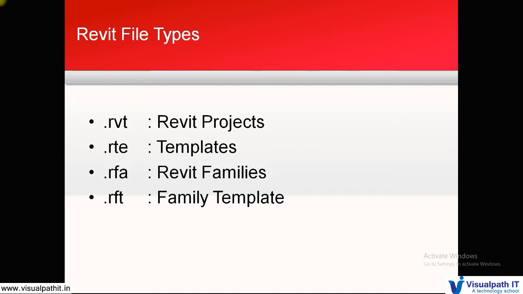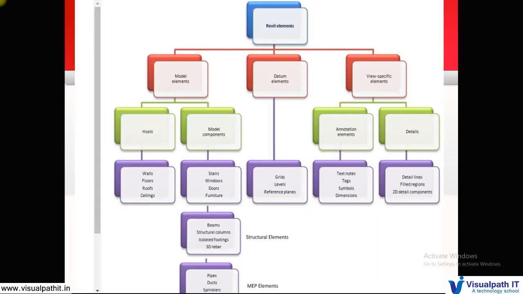And when you open families, it will not open automatically. It needs a template for it. That template is also available. It's called .rft, Revit family template. So there are 4 Revit file types: .rvt, .rte, .rfa, and .rft family template.